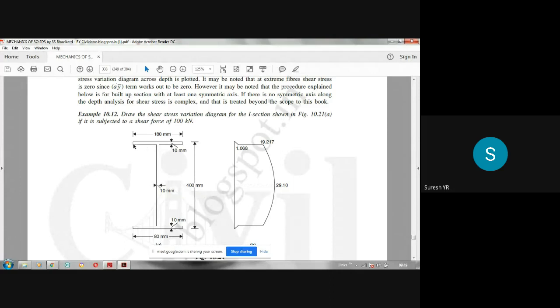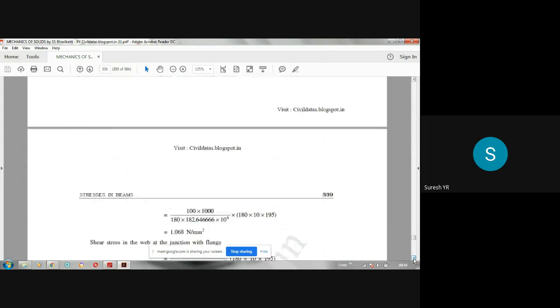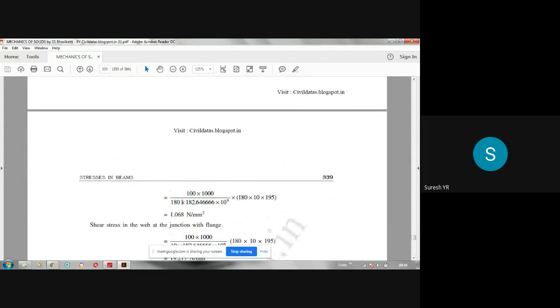Please note that A is the area above this layer, the bottom of top flange, which is 180 into 10, and y bar is the distance of the CG of that area from the neutral axis, which is 200 minus 5, 195. Now substitute here: 100 into 10 cube is the F value, divided by 182.64 into 10 power 6, the I value, and here B should be 170, not 180.